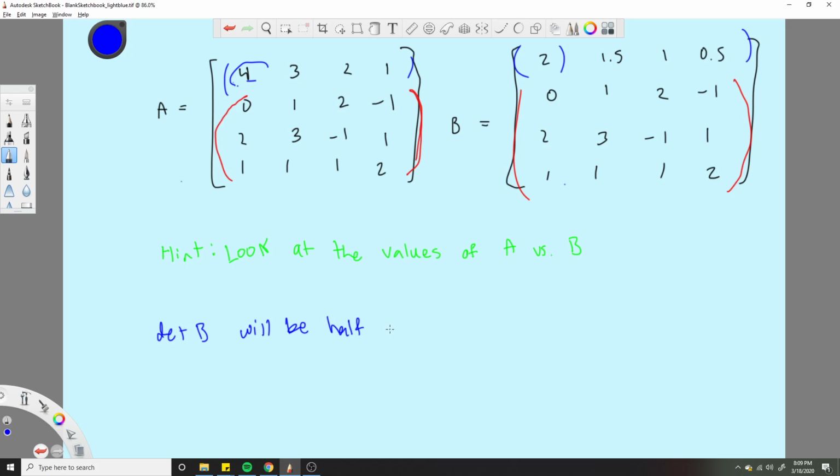Half of the determinant of A. Because of this row being exactly half of that row.